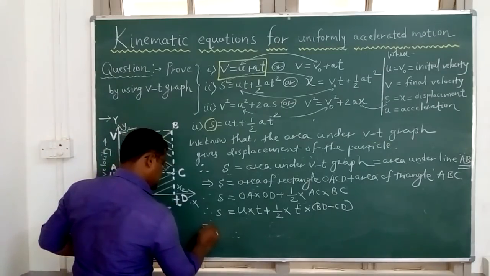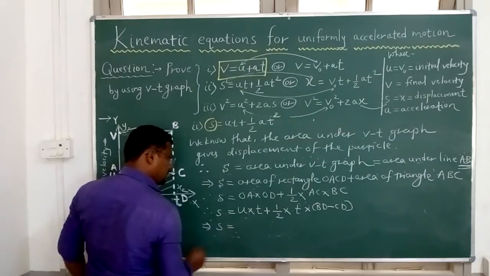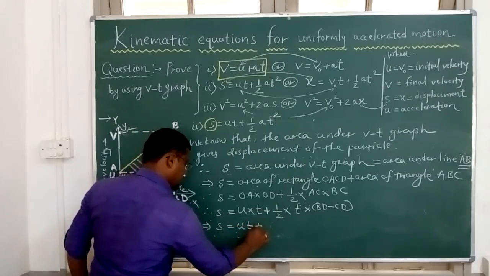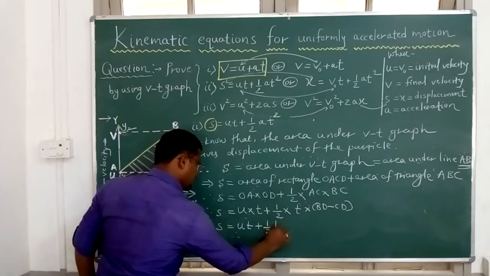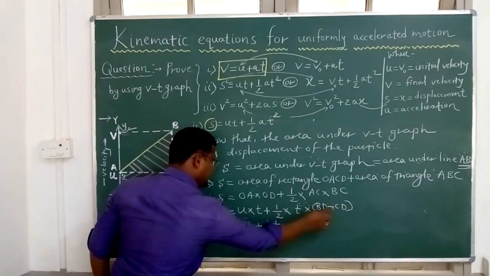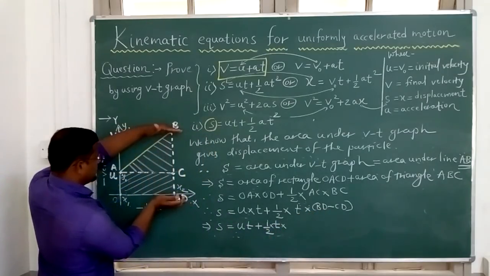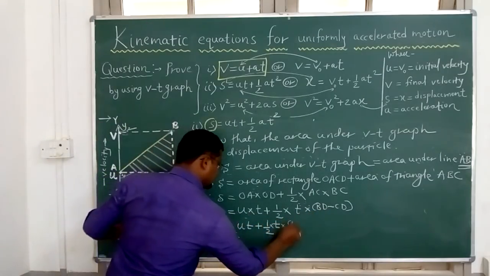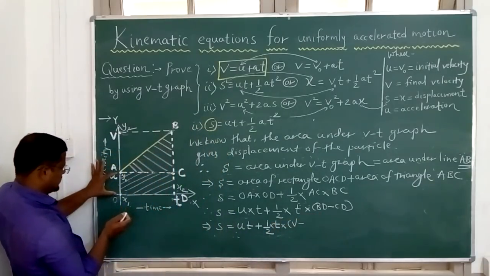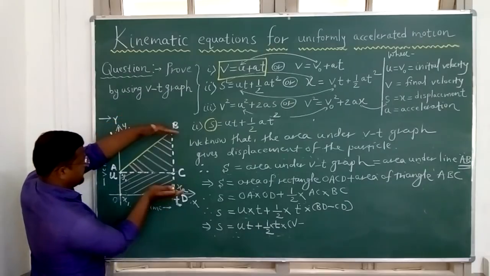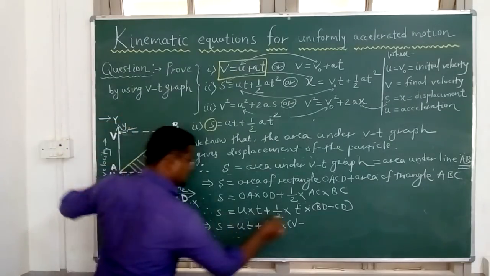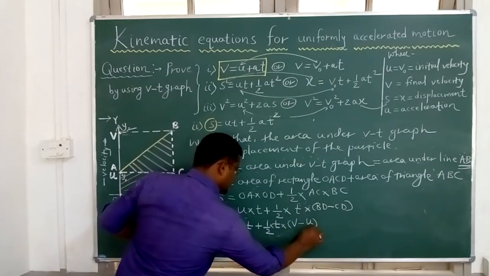So this implies s is equal to u into t, ut, plus half into t into BD minus CD. What is BD? The total final velocity, minus CD. CD means this much, which is the initial velocity. BD means this much, the final velocity.